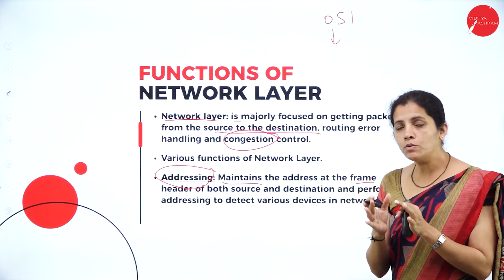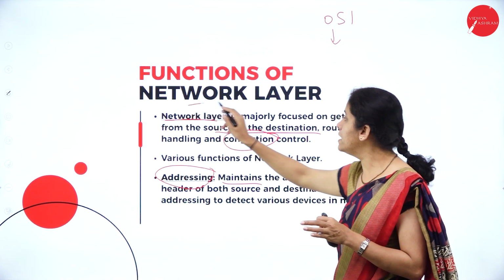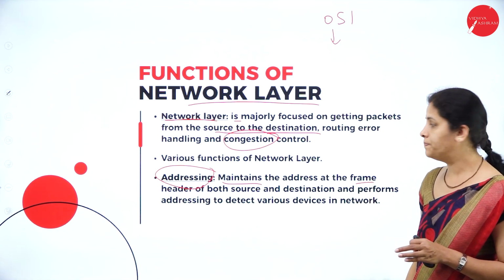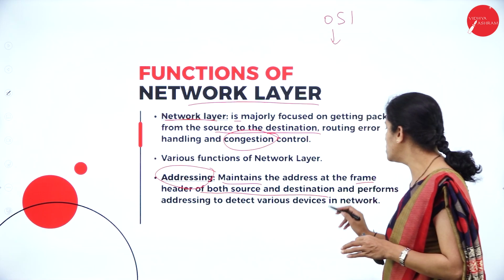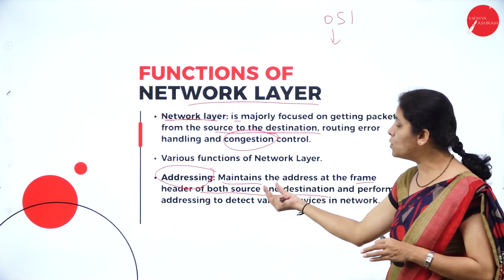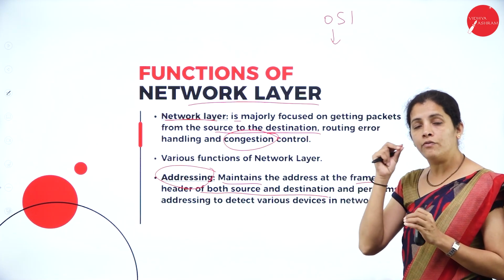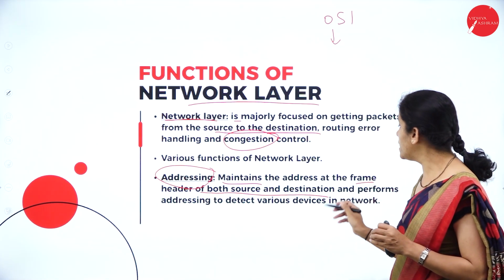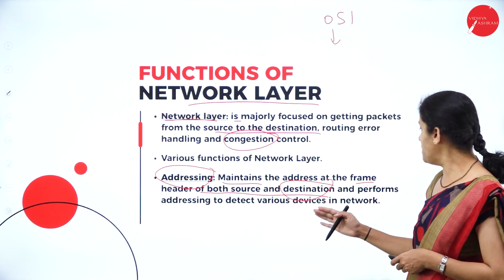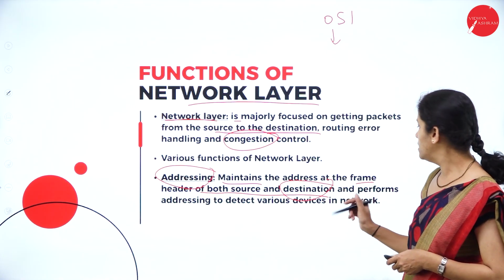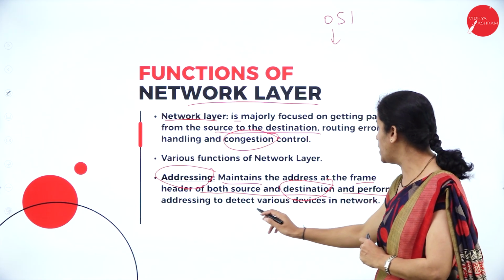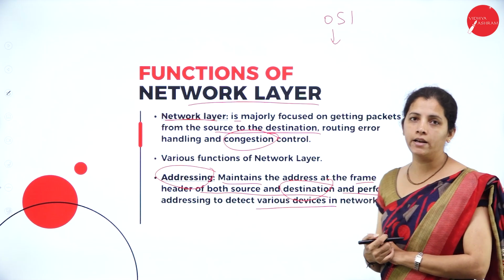Now the job of the network layer is to add the frame address of both source and destination. So at the source, I am going to add the frame address, and at the destination, I am going to remove the frame address, and it performs addressing to detect various devices in the network.